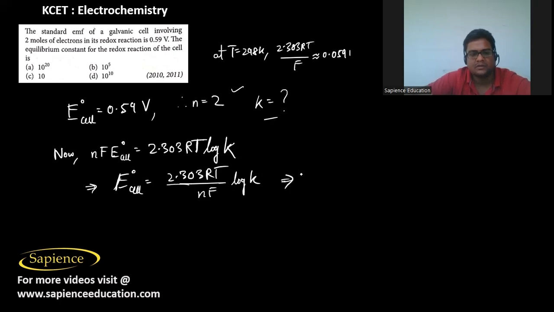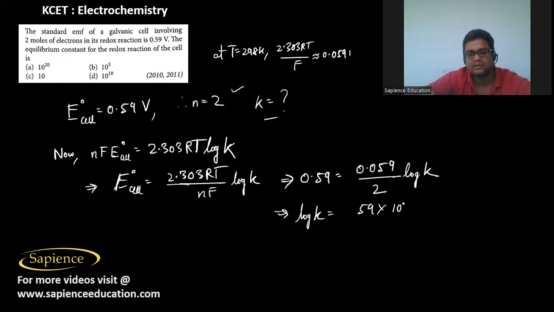So E naught cell, 0.59 volts, equals 0.059 by n, where n is 2, into log K. Therefore log K will be equal to 59 into 10 power minus 2 into 2 divided by 59 into 10 power minus 3.